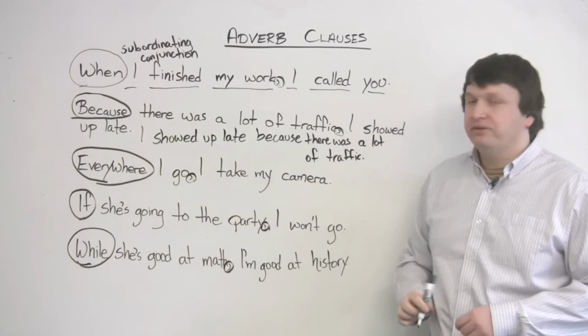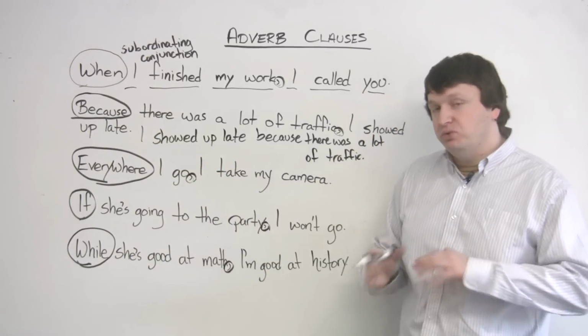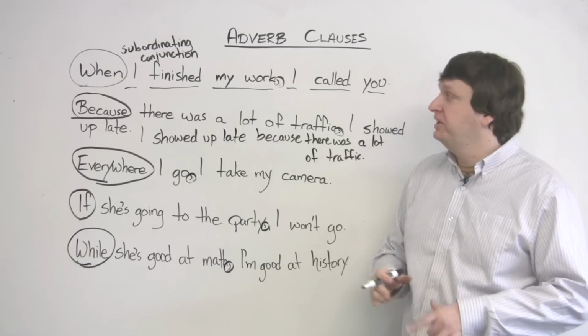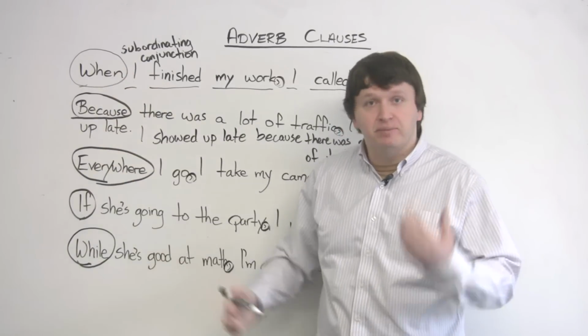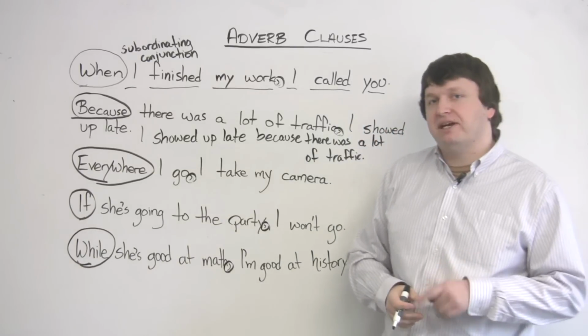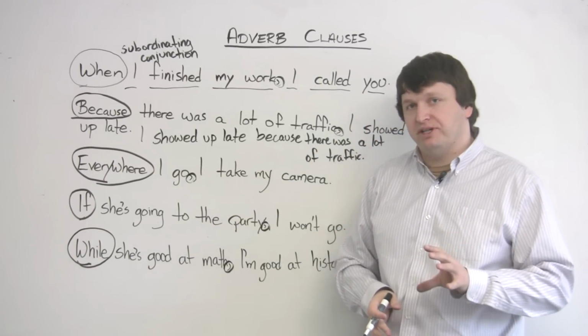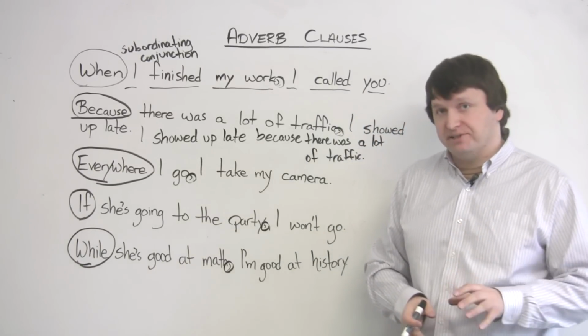When you put the independent clause first, you don't need a comma, okay? It's only when you begin the sentence with one of these types of words. So let's look now at the types of subordinating adverb clauses.